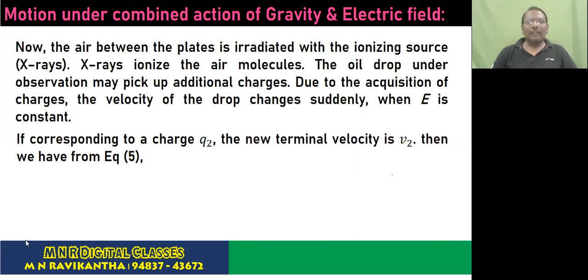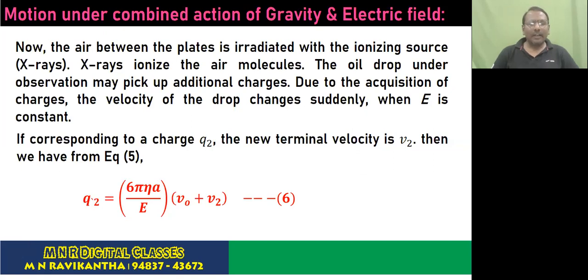Then from equation 5, we have, again there was a typing error, Q2 is equal to 6 pi eta A by E into (V0 plus V2).